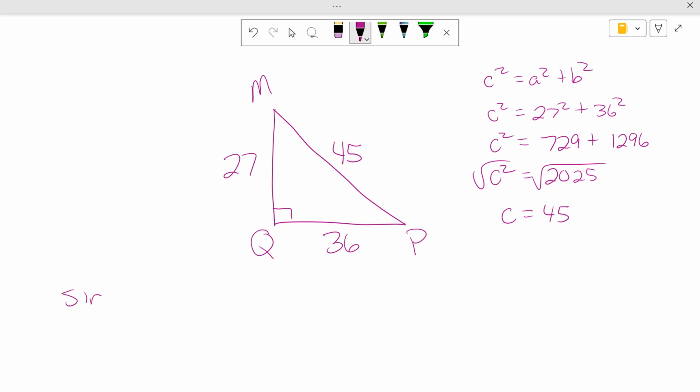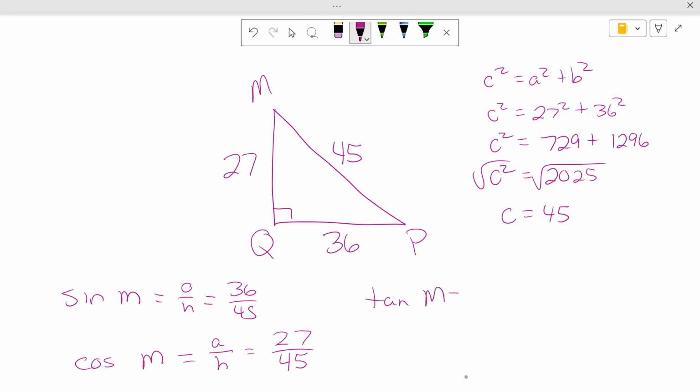So what's the sine of M? Well, the sine of M is opposite over hypotenuse. So 36 over 45. Cosine of M, Grace, adjacent over hypotenuse. What's next to M? What's the side next to M that's not the hypotenuse? 27. And the hypotenuse? 45.